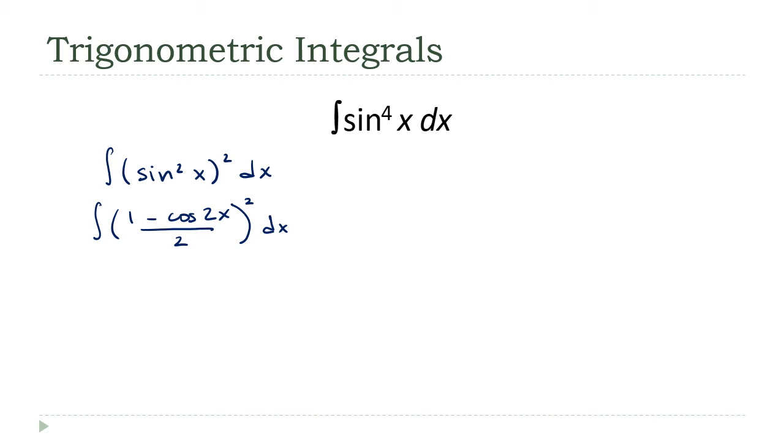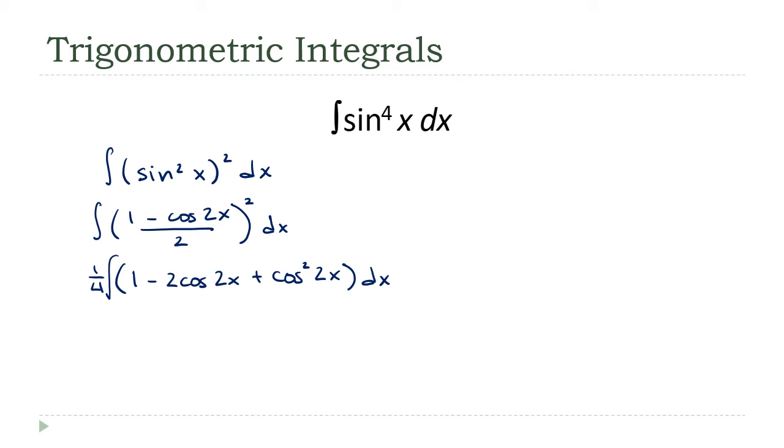Okay, now let's multiply this out. The denominator is going to become a 4. I'm just going to pull that 1/4 out in front. And this will be the integral 1 minus 2 cosine 2x plus cosine squared 2x dx. Okay, now we're almost there.